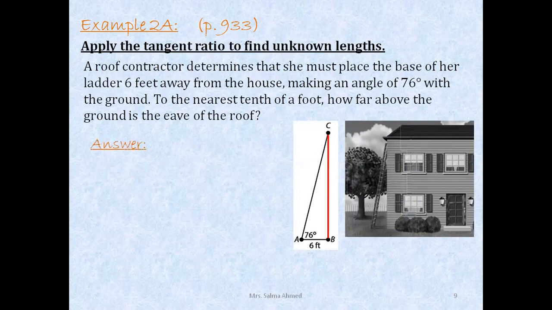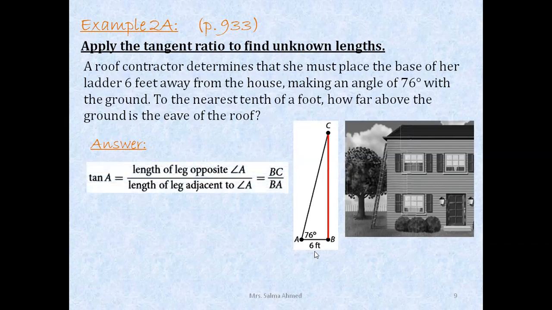So what's the relation between the angle that he is giving to me and the side that he needs to find? It's the opposite. So I'm going to use the tangent, opposite over adjacent, as I know the adjacent, which is 6 feet.